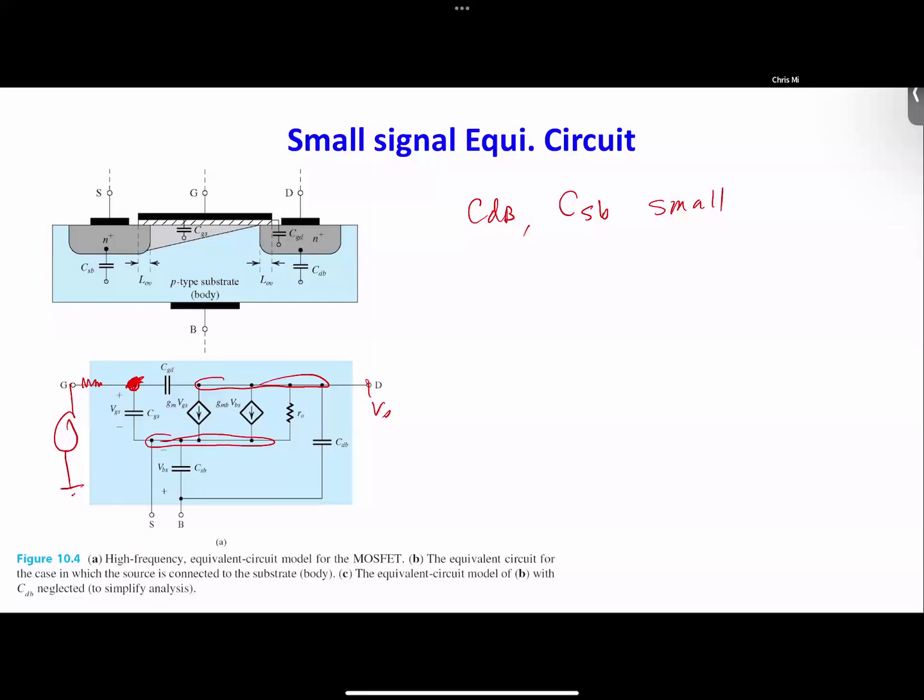So therefore, these two become open circuit. If this becomes open circuit, this becomes also open circuit, because it's 0 times GMB, which is 0. And this is open, this is open. So therefore, we have an equivalent circuit: open, open, and open. So we now get a circuit like this.